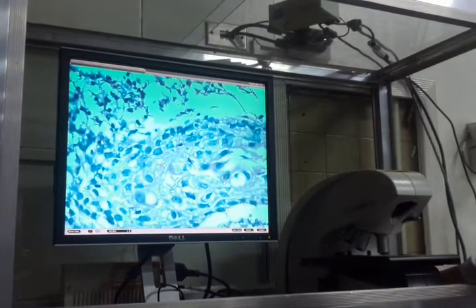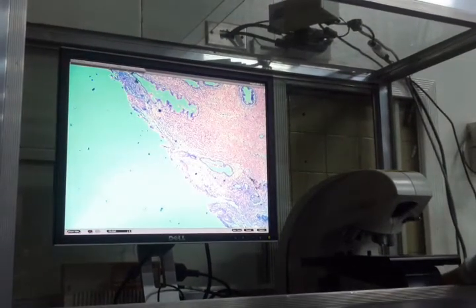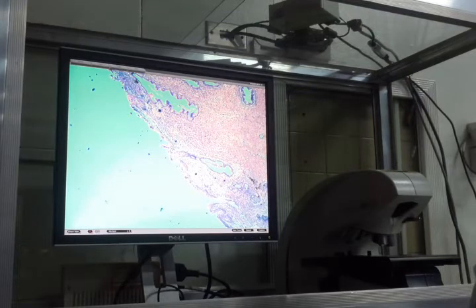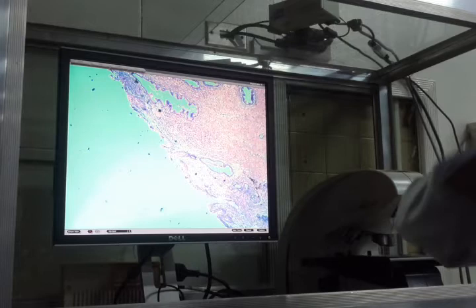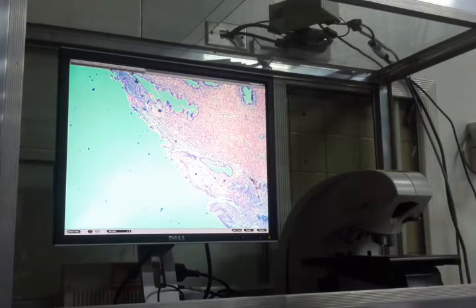What do you call that? That's squamous metaplasia. What is the cause in this case? It may be because of chronic inflammation in the area, or it may be because of a physical form of injury such as what happens when you have a uterine prolapse.